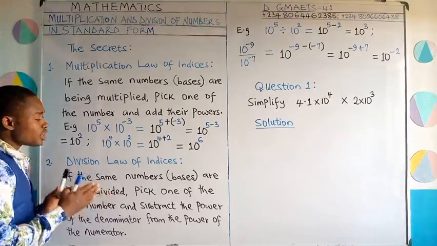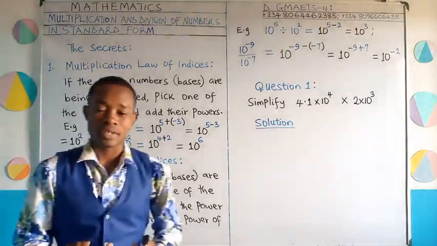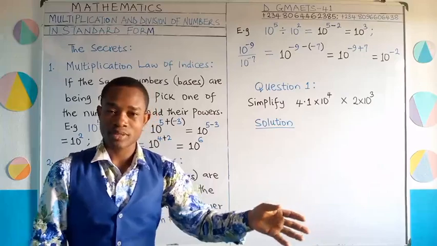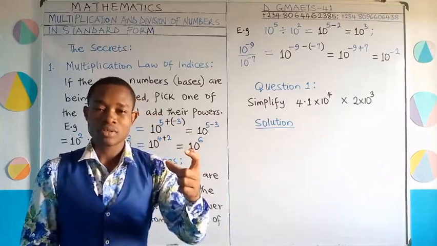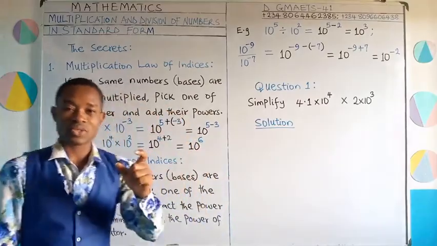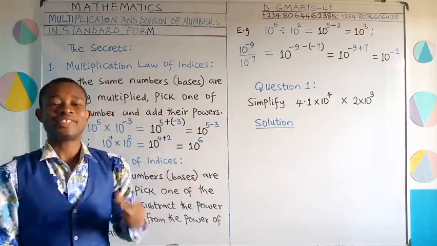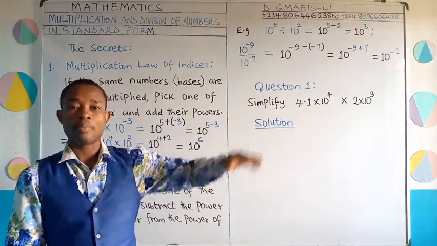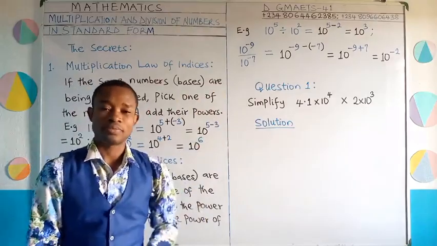Now this division law of indices tells us this. If you are dividing the same numbers, that's the same base, pick one of the bases, and then subtract the power of the denominator from the power of the numerator.